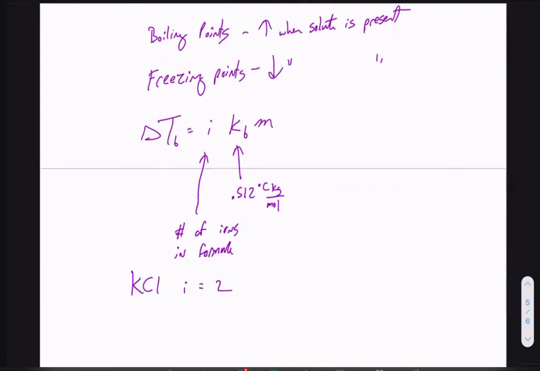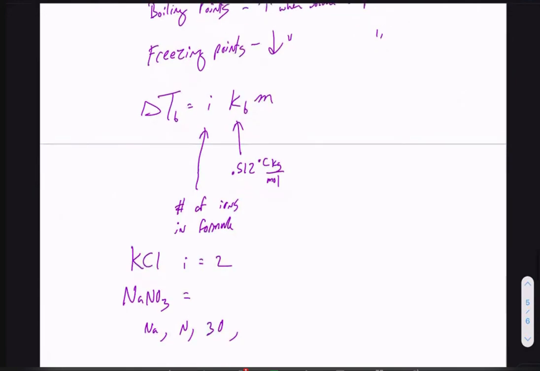But you have to be careful about the tricky ones, because some people will take something like NaNO3, and say, oh, there's Na, there's N, and there's 3 O's, so I is equal to 5 because there's 5 atoms. No, that's not correct.